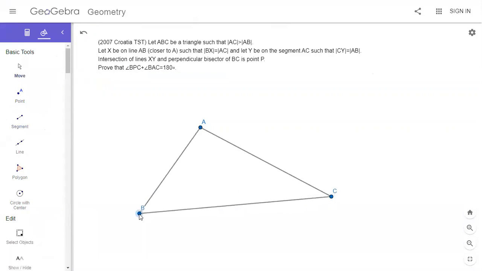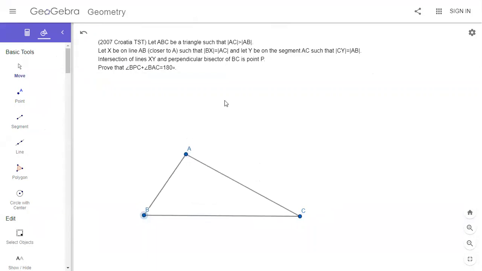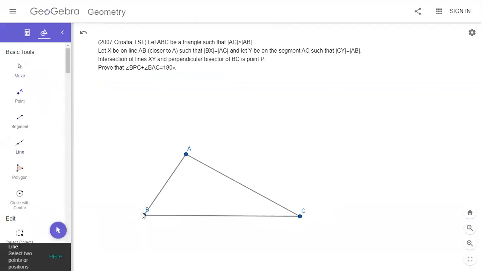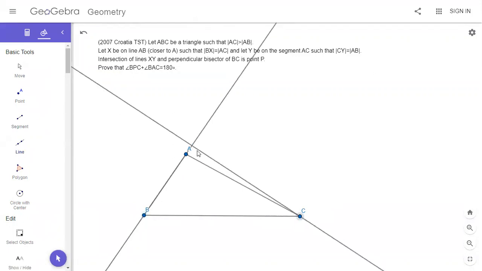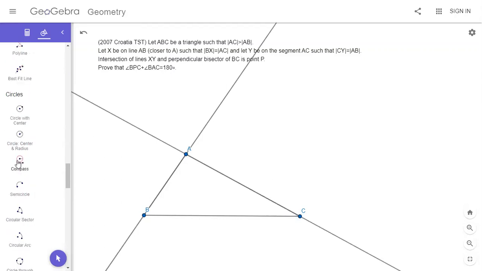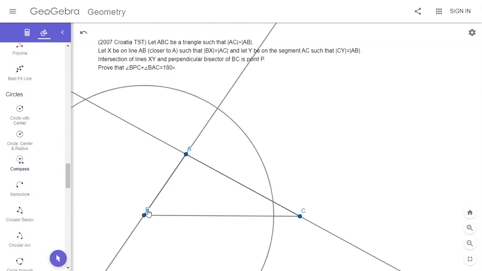It's a little bit tricky. So BX, okay, I'm going to have to use a compass for this one. There's a compass tool, so we want BX equal to AC.